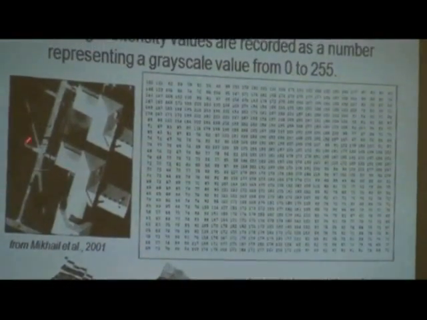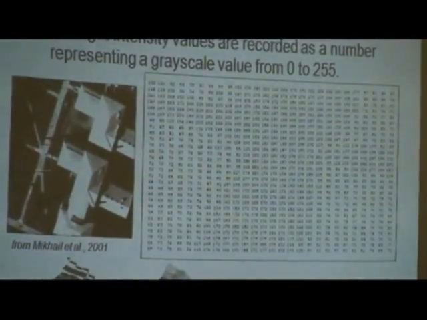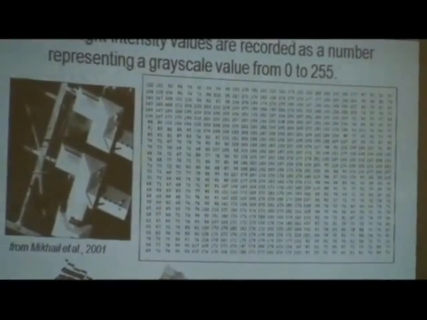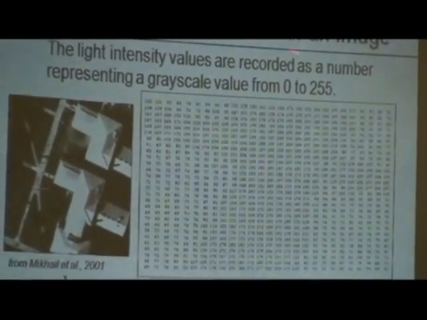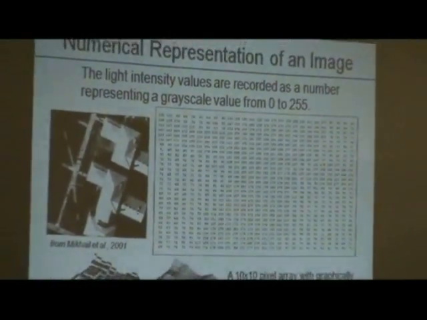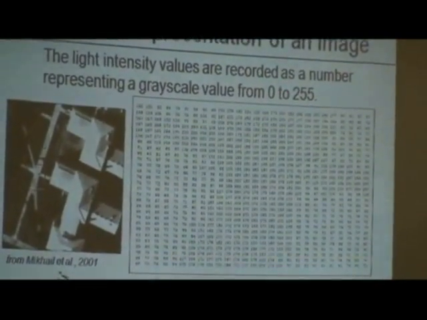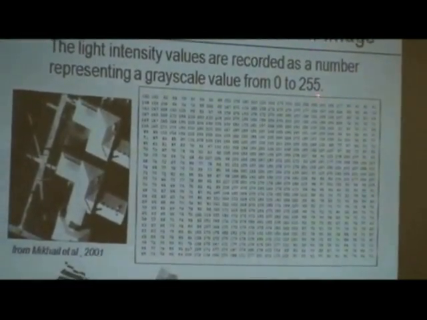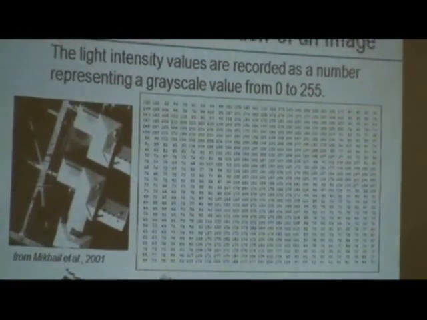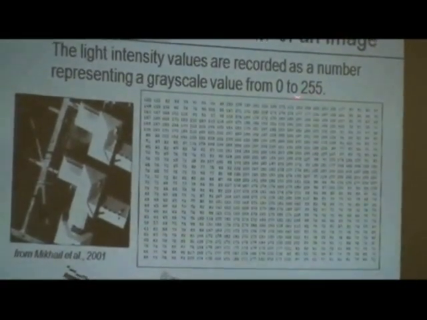So let's say you have an image like this. If we zoom in on this little box right here, we'd like to represent that as a digital image. So we're going to represent each pixel on a grayscale from 0 to 255. If it's perfectly white, that number is 255. If it's perfectly black, that number is 0.